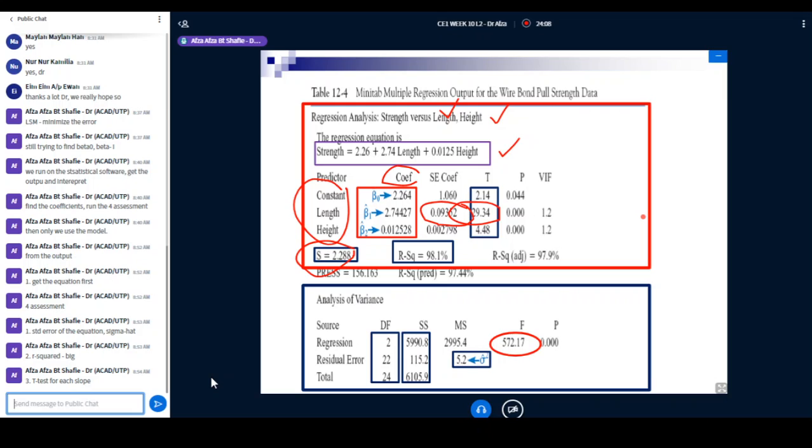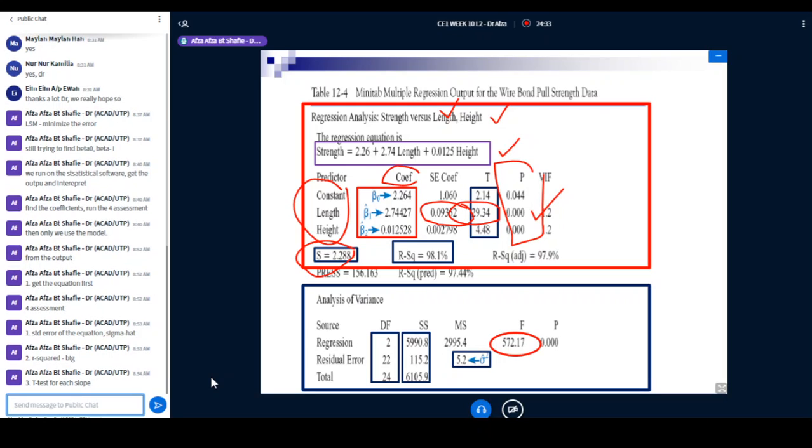Now we need to see whether it is okay or not. If you look at this, this is the p-value. The p-value gives a value of 0, which means less than 0.005. So you will reject the H naught, meaning the length is significant.